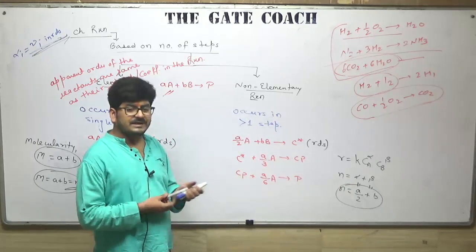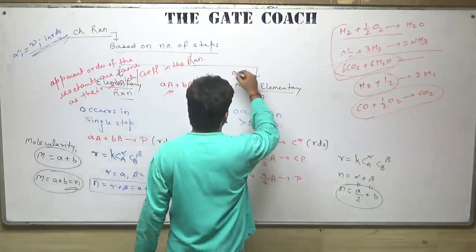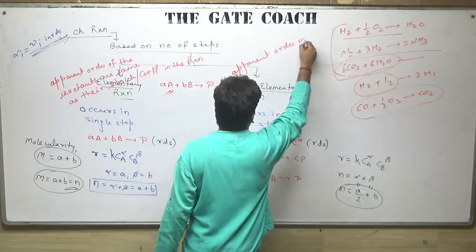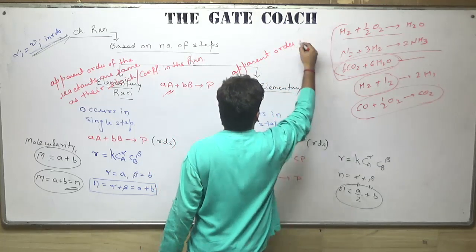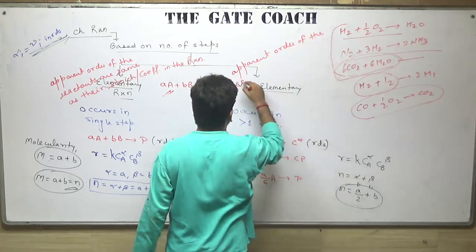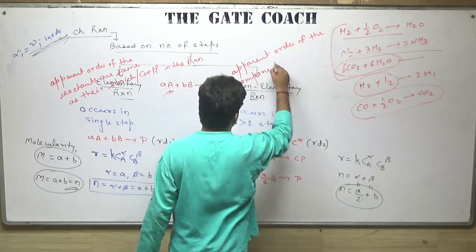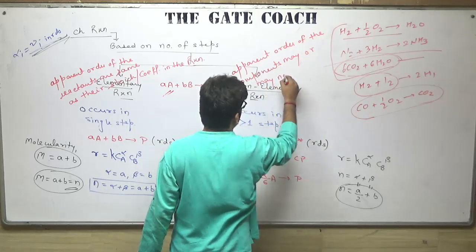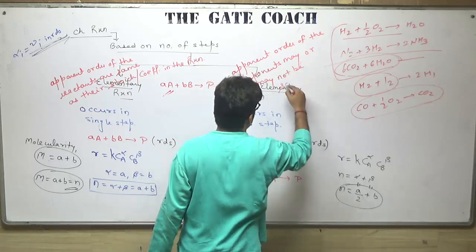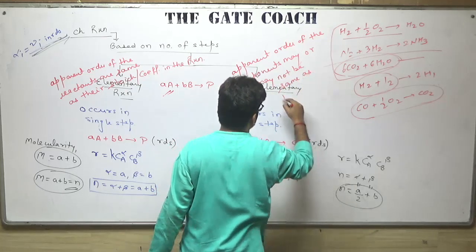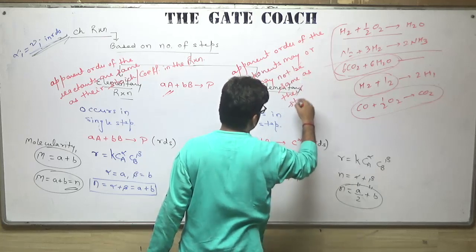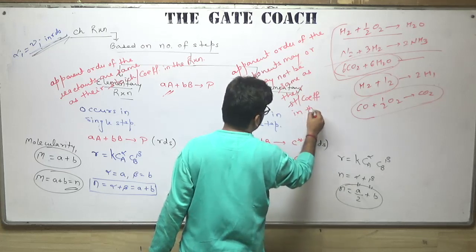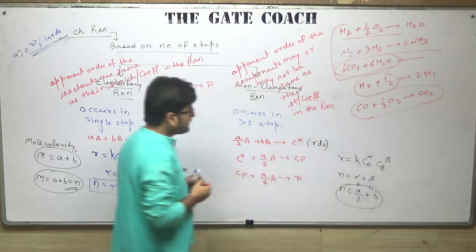So for non-elementary reactions, apparent order of the components may or may not be same as their stoichiometric coefficient in the reaction.